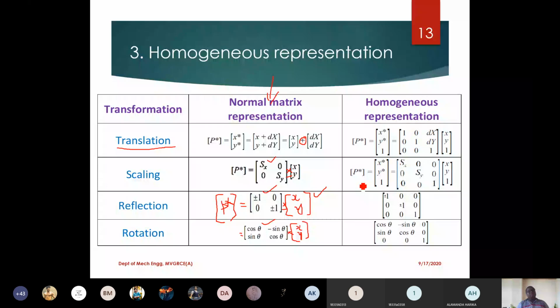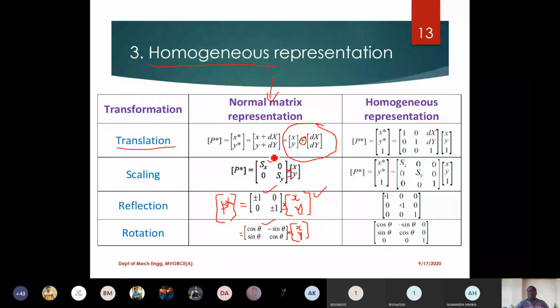Okay. So if you want to convert this addition also into multiplication format, then 2 by 2 matrices will not be sufficient to come to the homogeneous representation. 2 by 2 matrices or 2 by 1 matrices will not satisfy the requirement, and that is the reason people go for 3 by 3 transformation matrices.